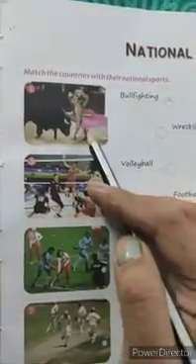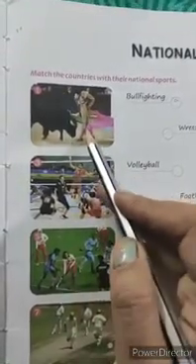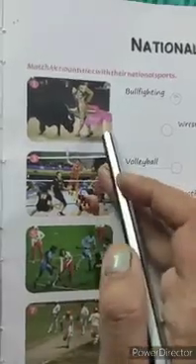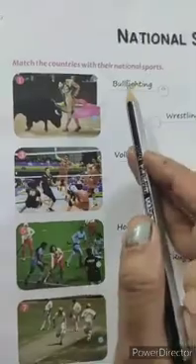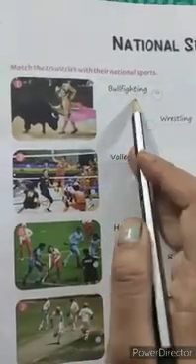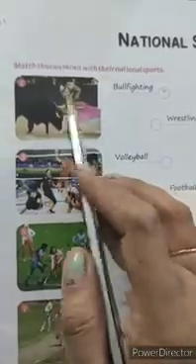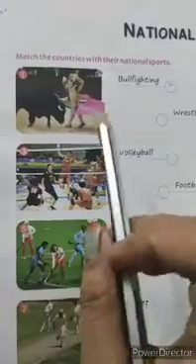In the first picture you are seeing a bull and the matador. Now what are they doing? They are going to fight, or they are fighting over here. This fighting is called bullfighting. It is a kind of game, and it is the national sport of Spain. Now what does bullfighting consist of?